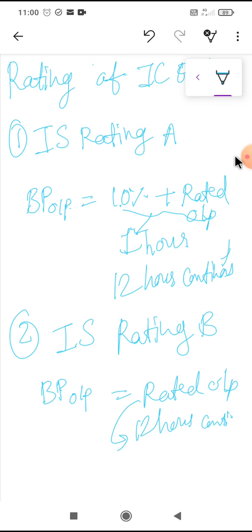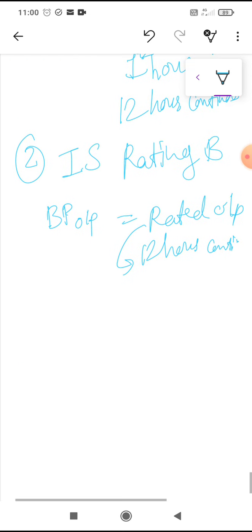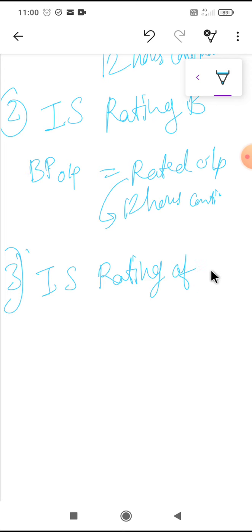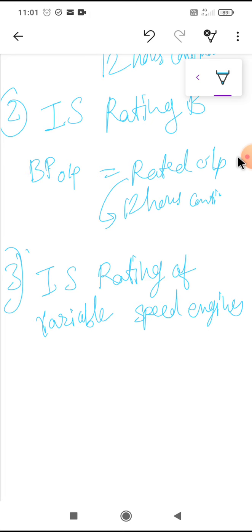Now we will see the next rating. So that is the third, IS rating for variable speed engines.